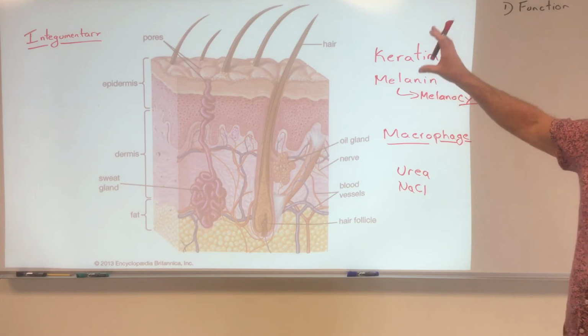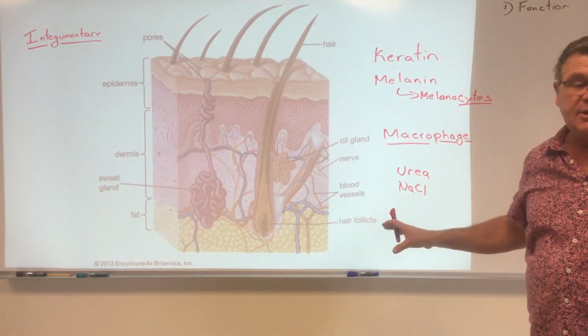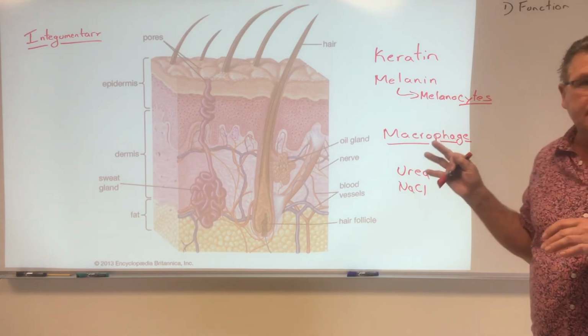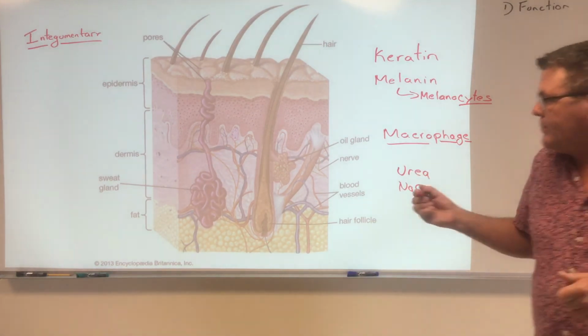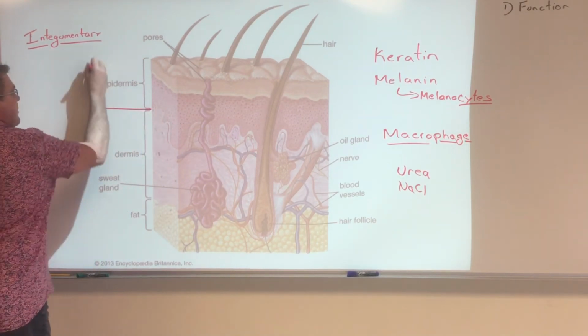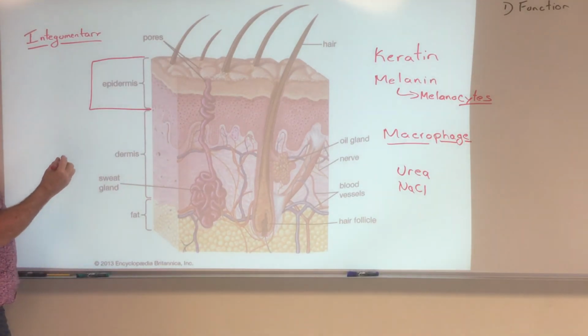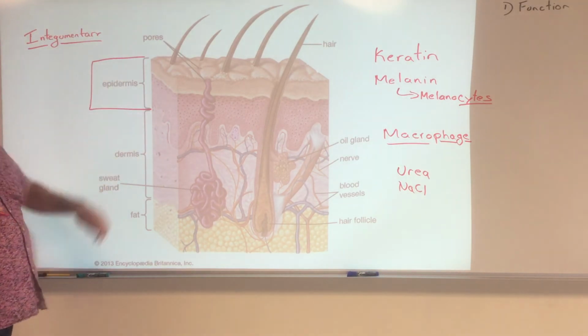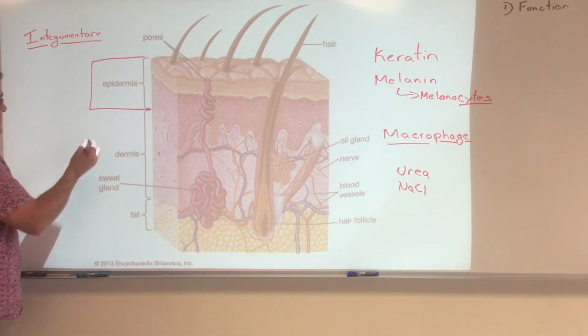Now, before I kill this first one and switch over to a second one, I want to look at the layers when it gets to the point of form. The most superficial is the epidermis, so the epidermal layers. These cells last for about 40 days or so. We'll talk about that in a minute.